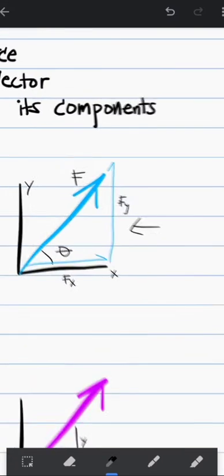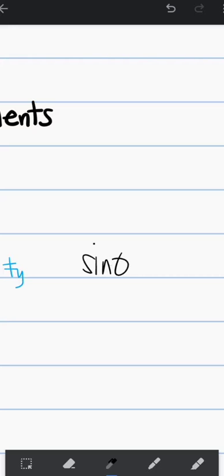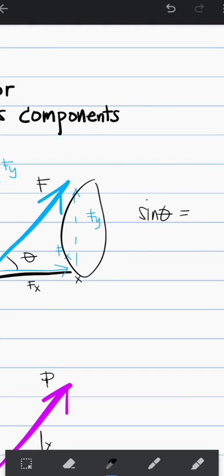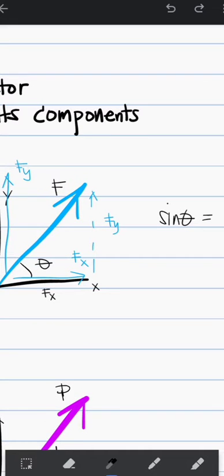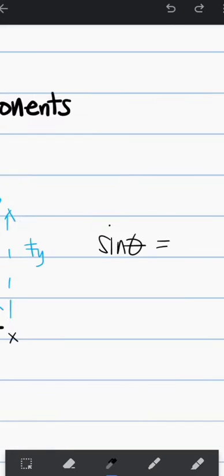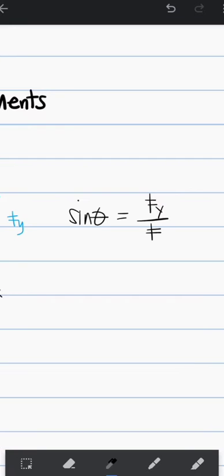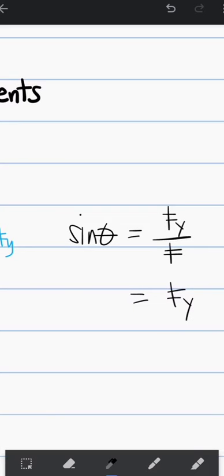So with that, if we take sine of theta, you get Fy, or the opposite side, over the hypotenuse, which is F. So Fy over F. And thus, if we solve for Fy by multiplying both sides by F, you'll get F sine theta.